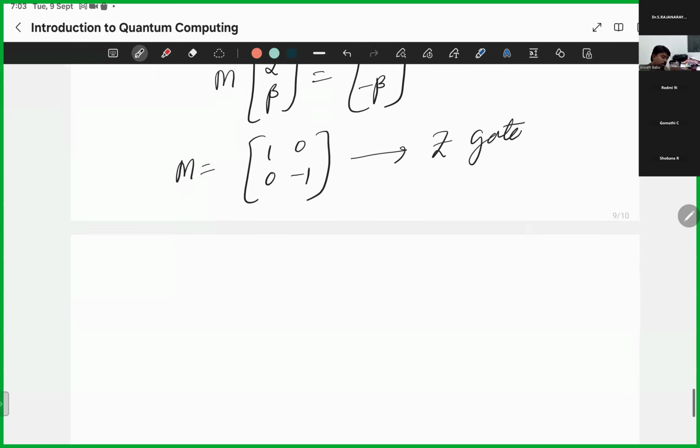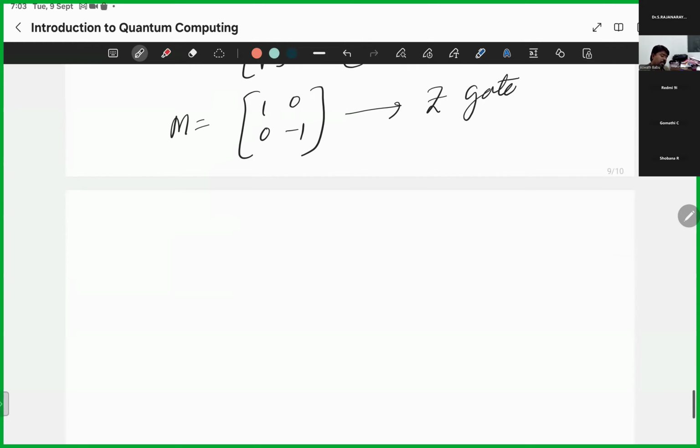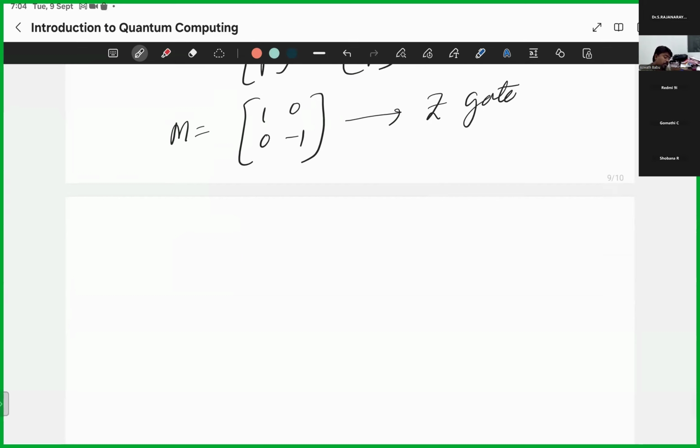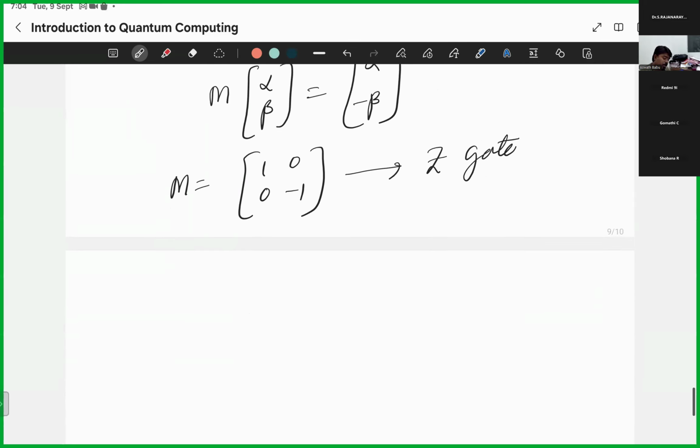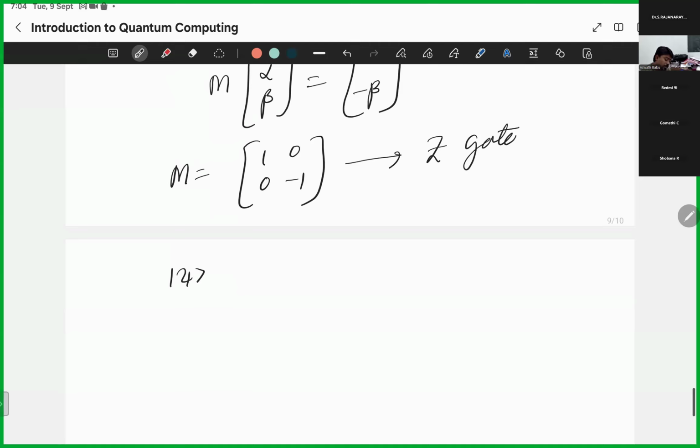Now the X gate and Z gate, if you carefully look, are actually preserving the probability sums. What I mean is, the length of the quantum state before getting into the quantum gate is 1, and the length of the quantum state after coming out is also 1.